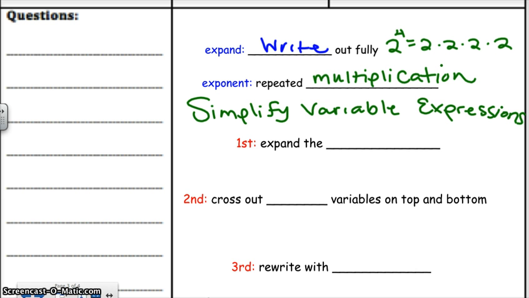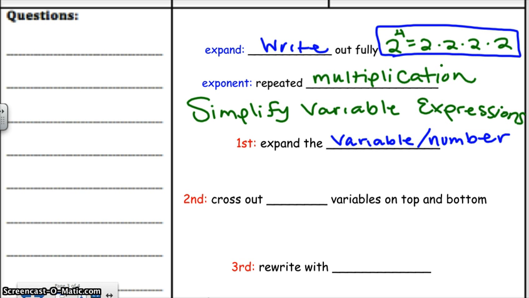How are we going to simplify it? The first thing you're going to do is expand the variable. You're going to expand out the variable, or numbers. Sometimes I give you numbers as well. You're just going to expand it out. What I mean by expand: write out fully like I have up here by the vocab word.